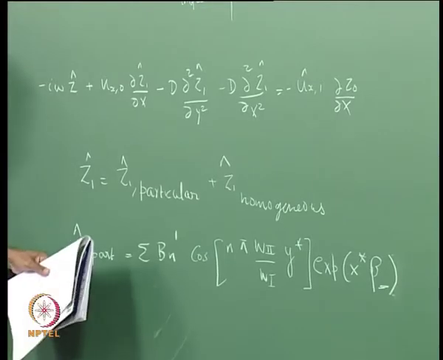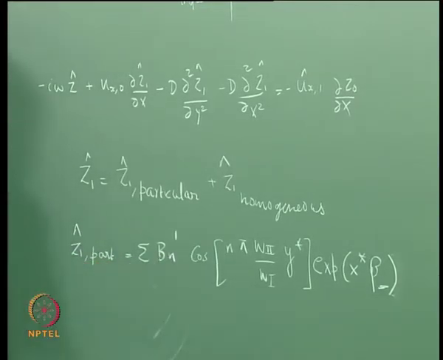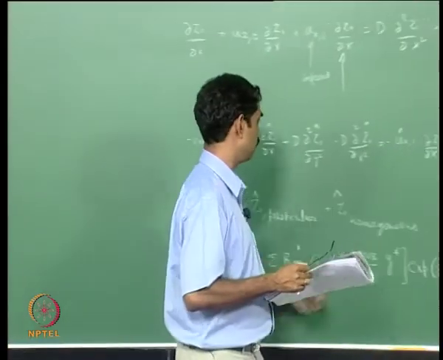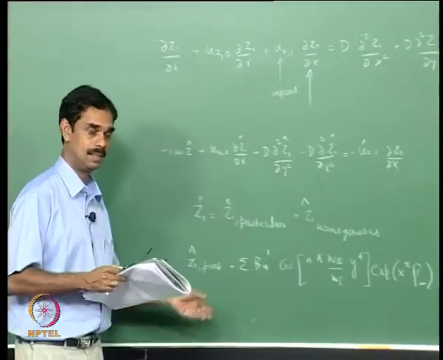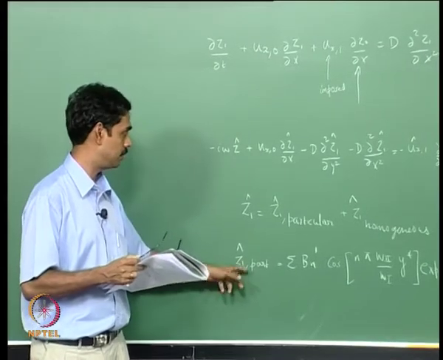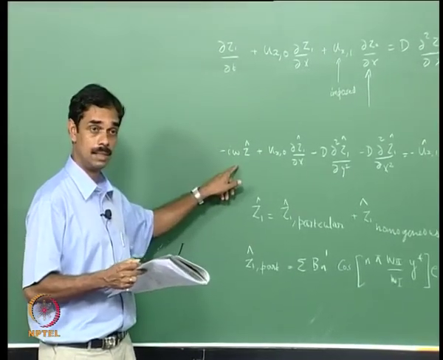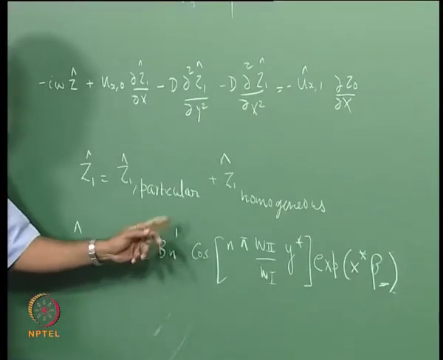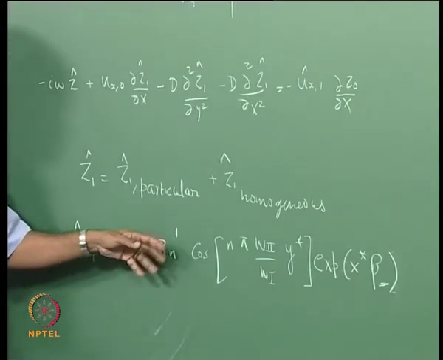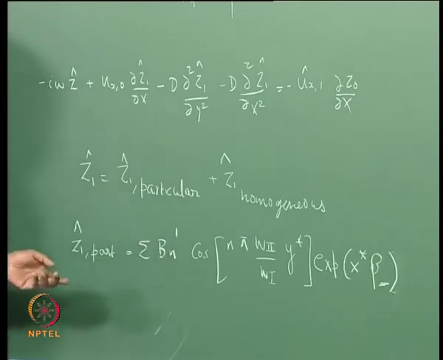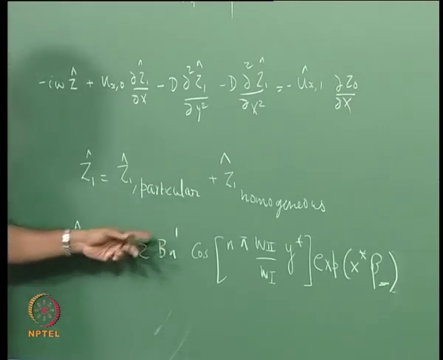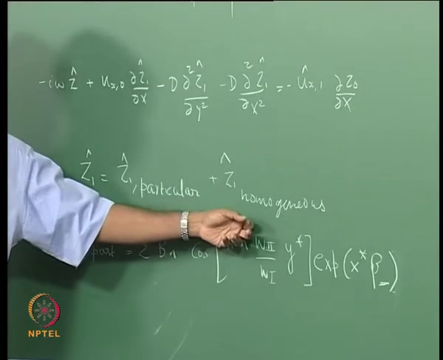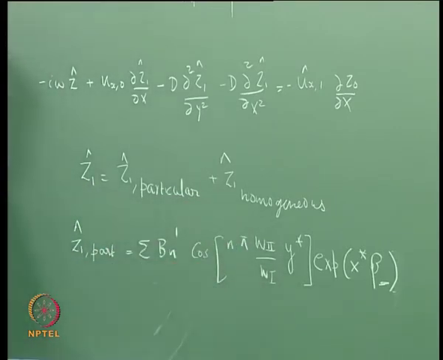It makes sense because this is the form of Z0 that we got. So it is like a guess, and then we will substitute this into this equation, and then we find the coefficients Bn prime. We put a prime to make clear that this is the unsteady part. Earlier we used the same Bn for the steady part. So we solve for the Bn prime and then we will have to find the homogeneous solution. So that is the method. I hope it is clear.